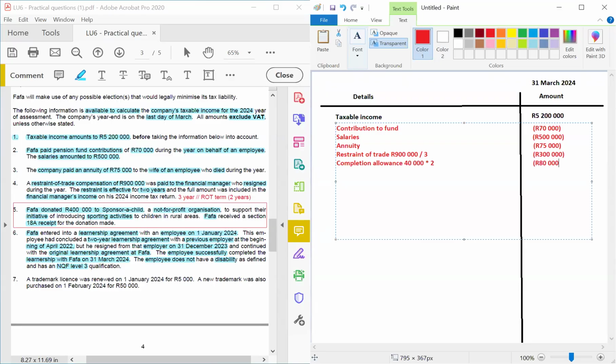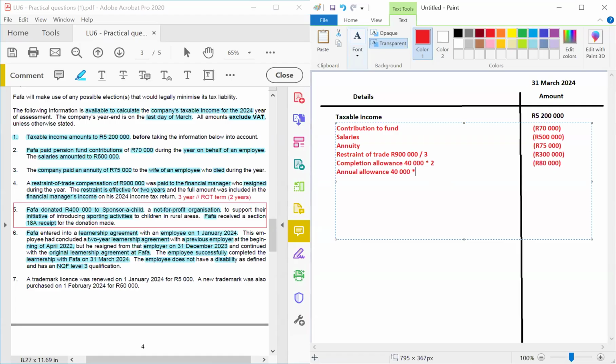Now, I have what we call an annual allowance. So, an annual allowance, you see here, it says it was entered into on the 1st of January 2024. As much as we are still taking this 40,000, we can't use a full year because we don't have a full year. From the 1st of January 2024 to the 31st of March, it is only 3 months.